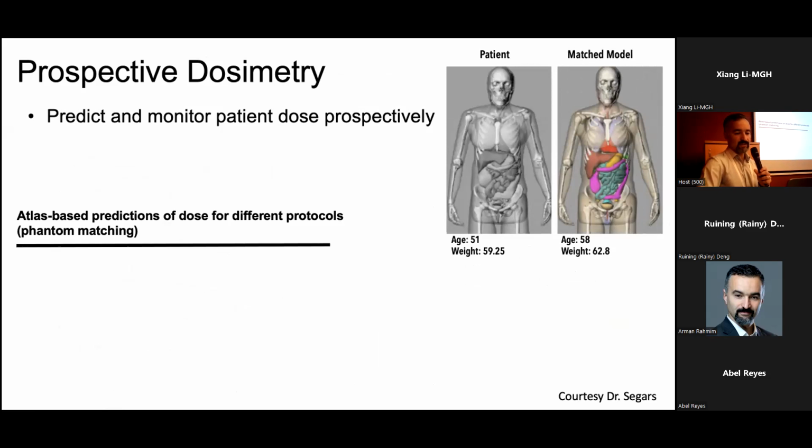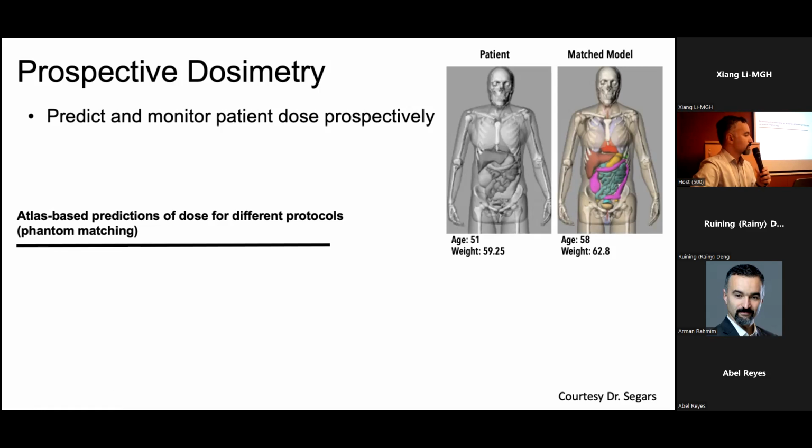And since you've done extensive calculations, for example, to do dose for different protocols on the digital version of that patient, you could then anticipate and predict how much dose they will be getting, and therefore pick very proactively which protocol you're going to use. So this is as close as we've gotten so far to digital twins, where we have an atlas of patients, and you would probably be matching the patient with one of those individuals.